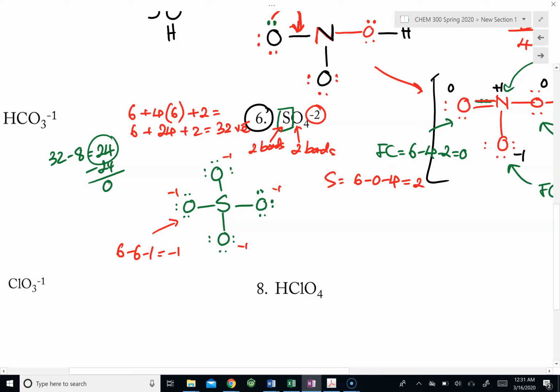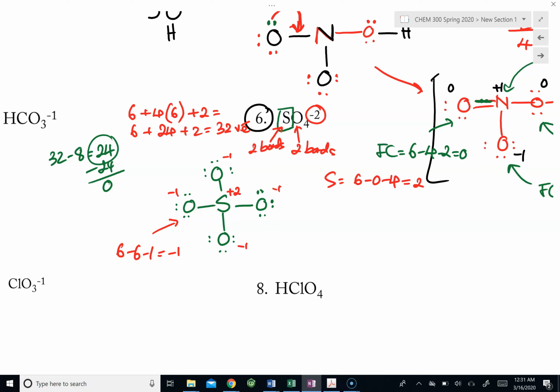So here in this case, it actually is positive 2. That would be the formal charges of all of these atoms. And in fact, if we add all of them together, the molecule indeed would be -2.